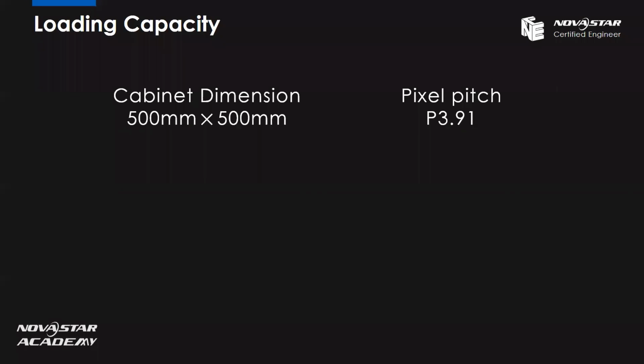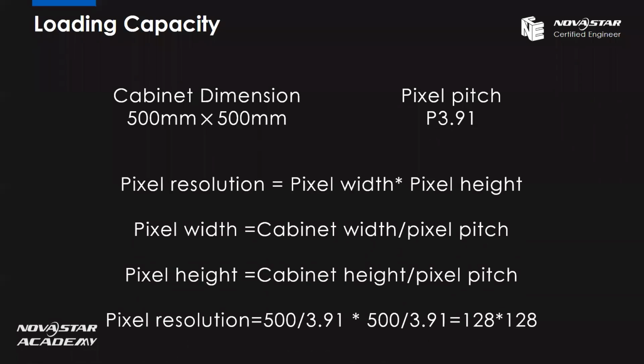Now, let's see an example. Here we say the cabinet dimension is 500 millimeters by 500 millimeters, and the pixel pitch is 3.91. The pixel resolution is equal to the pixel width multiplied by the pixel height.